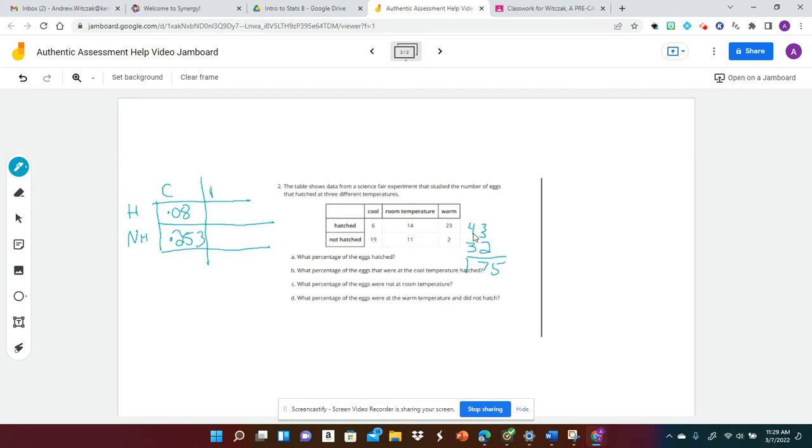And then here is room temperature. So I'm going to write RT and do 14 divided by 75. That gives us about 18.7, but I'm going to write that 0.187. And then here, 11 divided by 75, which is 0.147 about.